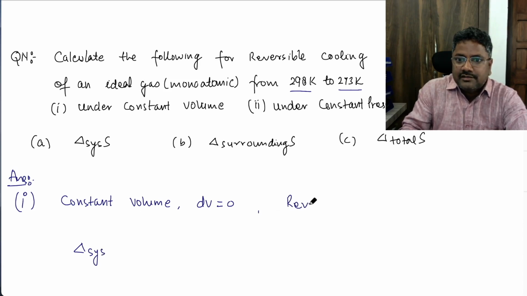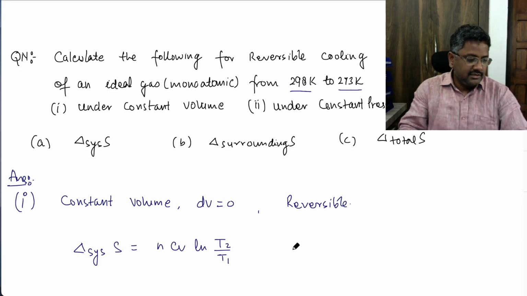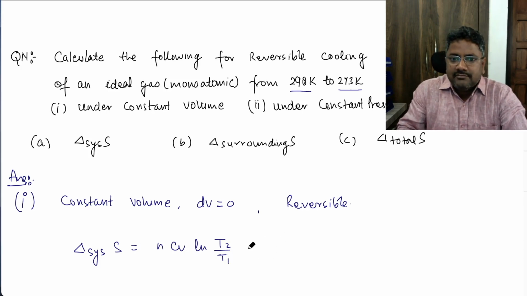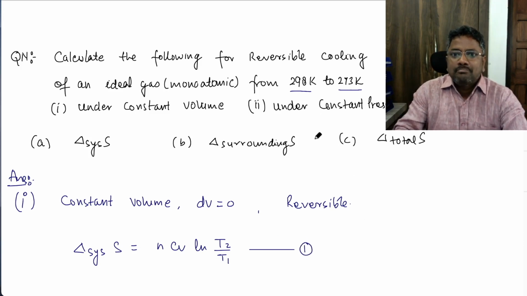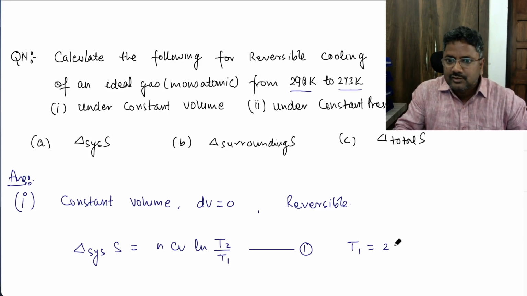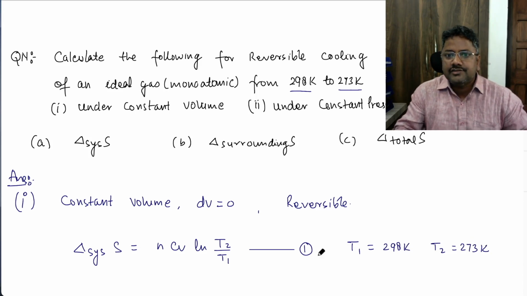So for the system, as all of you know, one more important thing is the process is reversible, right? So delta S system is equal to N CV ln T2 by T1, right? So by using this formula, simply you can calculate the entropy change of the system. T1 is 298 Kelvin, and T2 is 273 Kelvin, right?